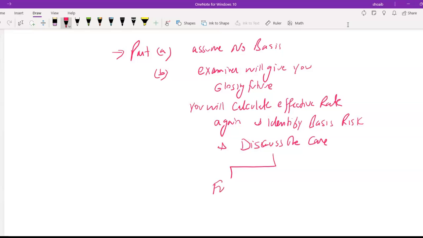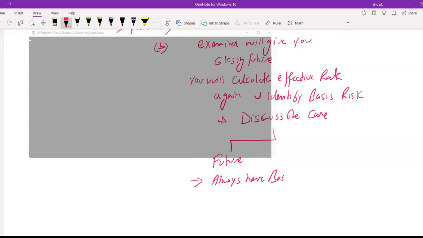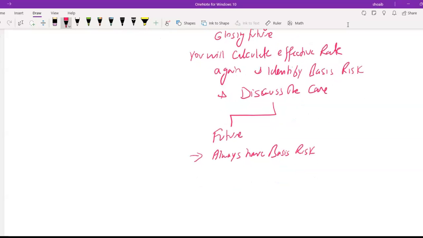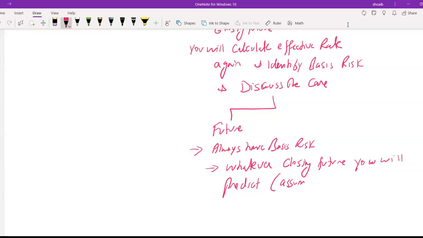Discussion is very simple. Future always has basis risk. Whatever closing future you predict, that is under the assumption that there is no basis.